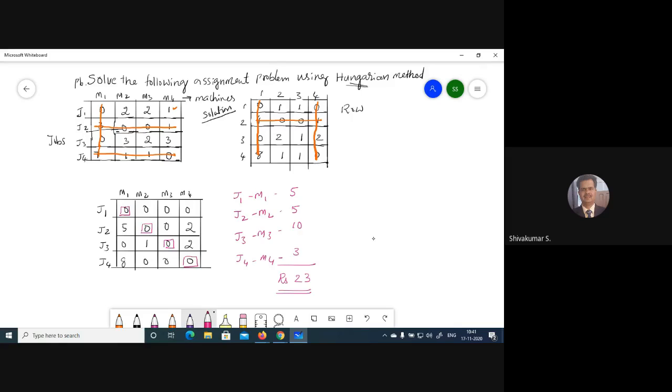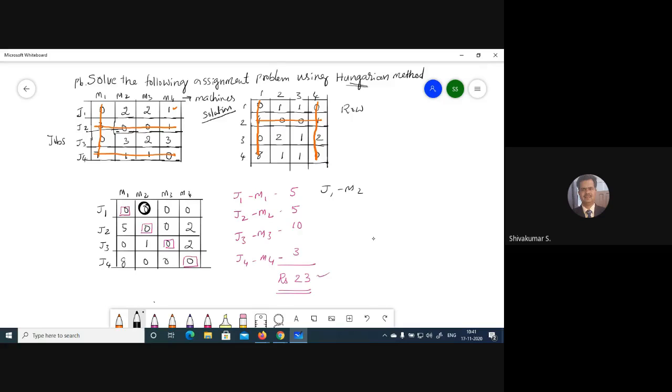So let us try out one more solution now. Let us say this is the final answer, but still I want to try out one more solution. So let us say I'm going to allow assignment to J1 and M2. I'm going to write here J1, M2.